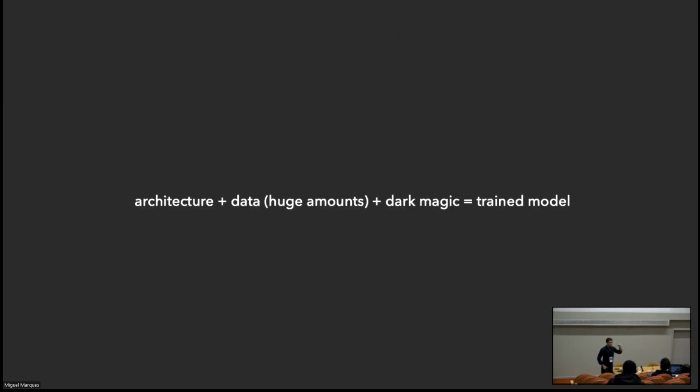So I would say that if you get the correct architecture, if you have lots of data, there are some tricks that sometimes you need to do, some dark magic over here. You can have a successfully trained model.